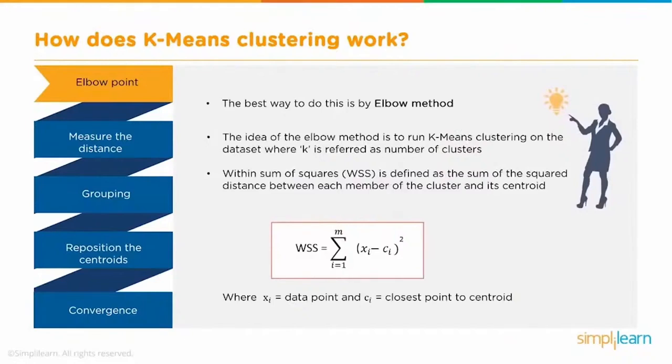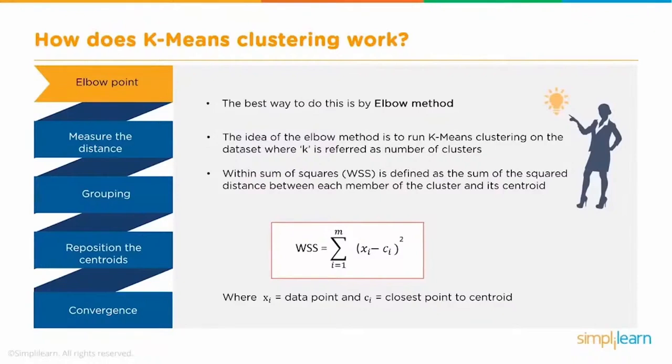When these clusters are formed, there is a parameter called within sum of squares. And the lower this value is, the better the cluster is. That means all these points are very close to each other. So we use this within sum of squares as a measure to find the optimum number of clusters that can be formed for a given data set.